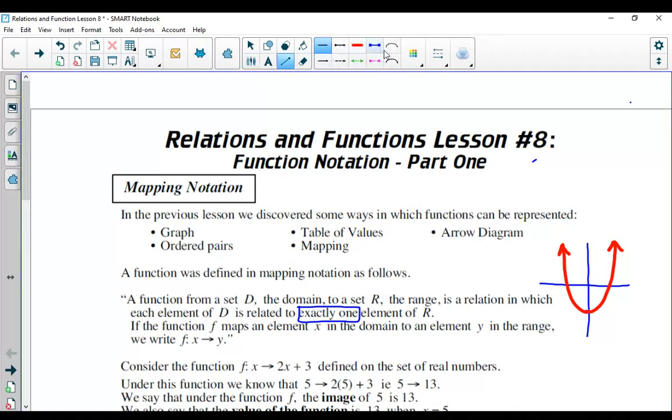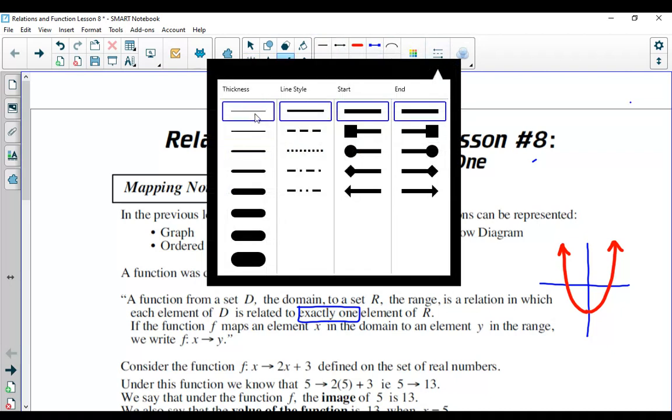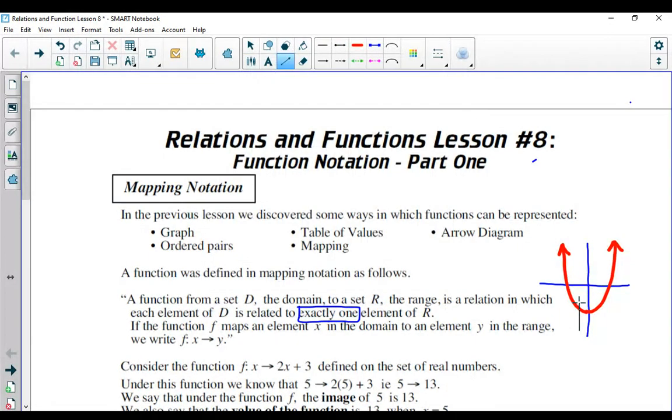And if we were to draw a vertical line anywhere through the graph, the vertical line would only ever touch the graph at one position. If the vertical line only touches the graph at one position, what that means is that for every distinct value of x, there's only going to be one y coordinate attached to it. And that's what ultimately defines what a function is.